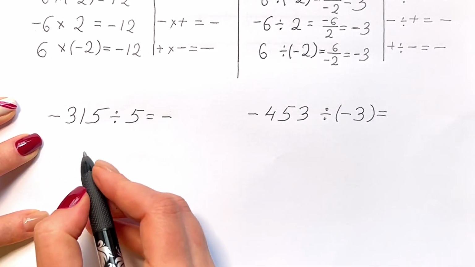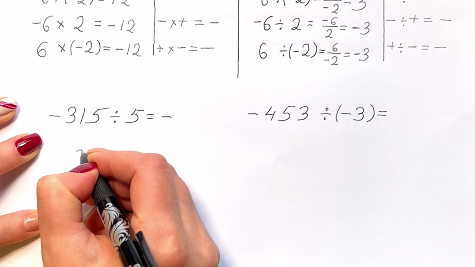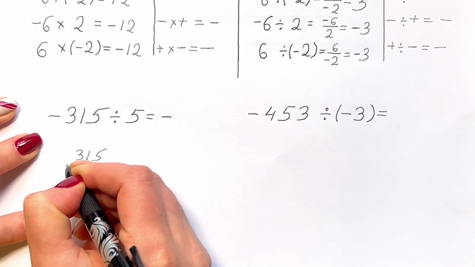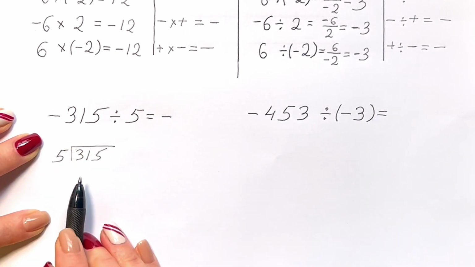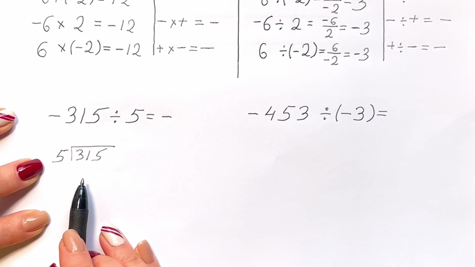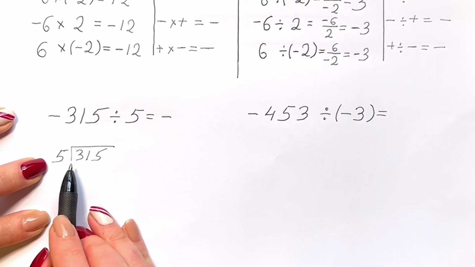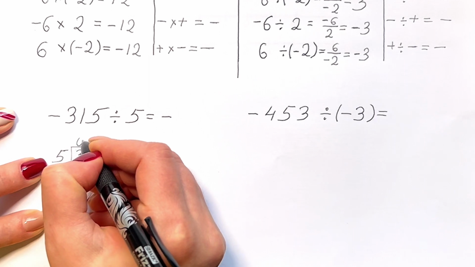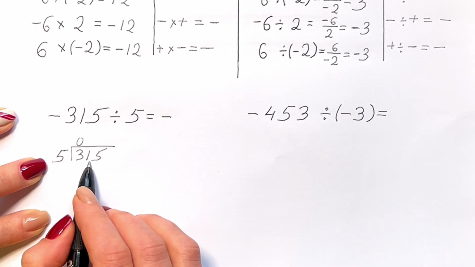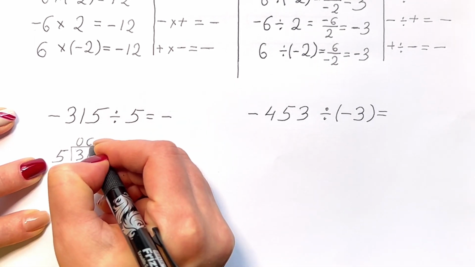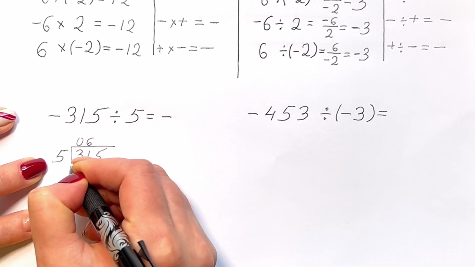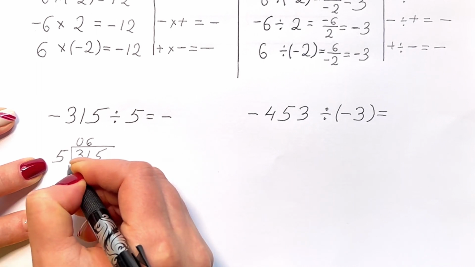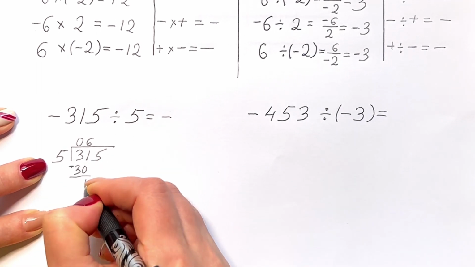Now I can do long division. 315 divided by 5. If you didn't check my long division video, I suggest you do that. Okay, 5 goes into 3, 0 times. 5 goes into 31, 6 times. 6 times 5 is 30. We will subtract and get the remainder, which is 1.